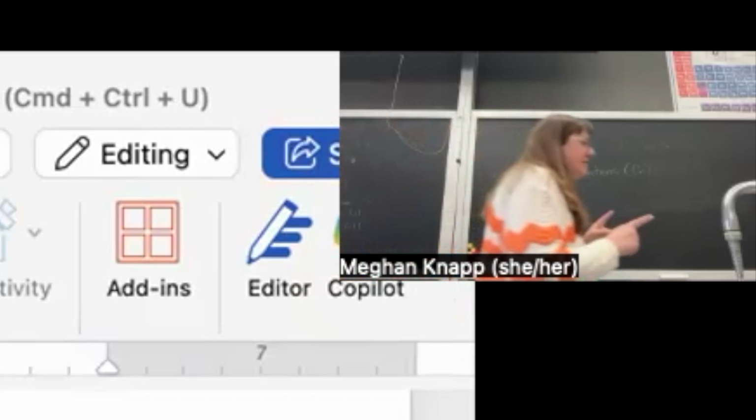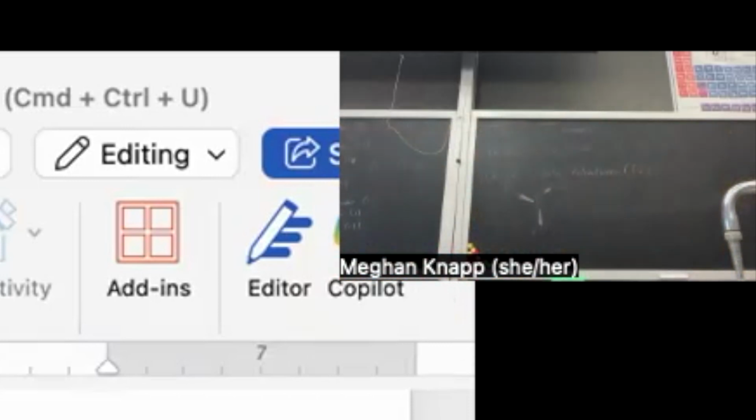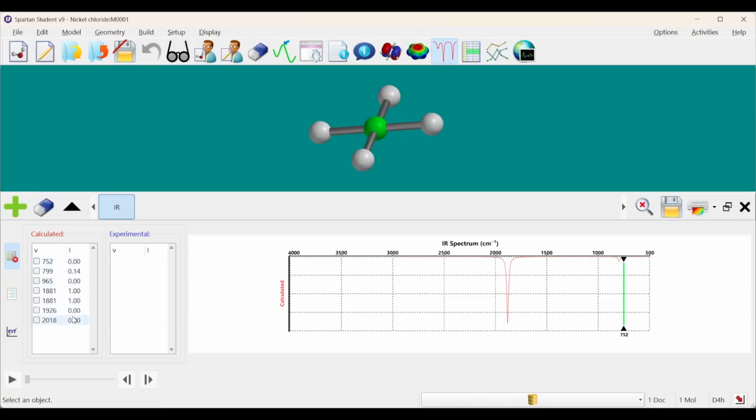Really quickly, since I have this set up, I want to show you some different vibrations. I can calculate different vibrational modes on this. Some of them are going to be visible and some of them are not. Let me see if I can make this guy bigger. There we go.